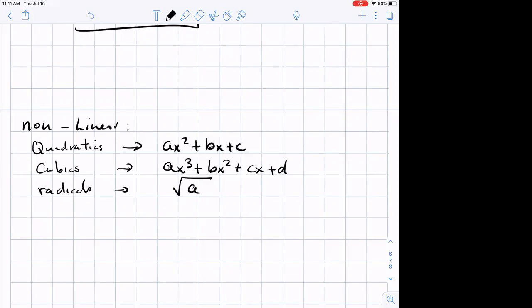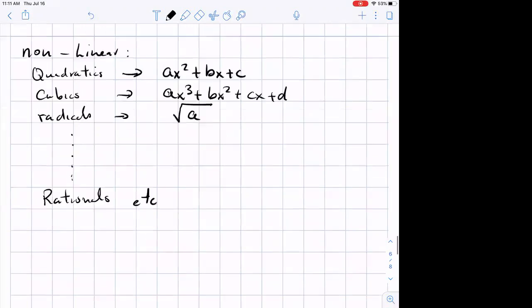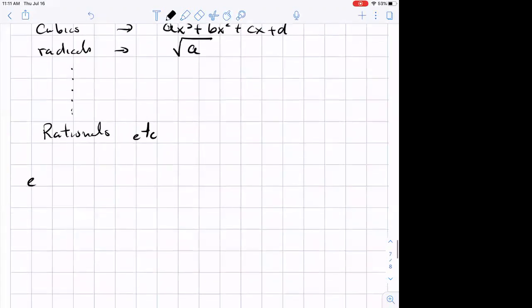I'm just using letters, we'll see. And this list goes on and on. We have rationals, etc. So, example, y is equal to x squared plus 7x plus 12. This is quadratic.